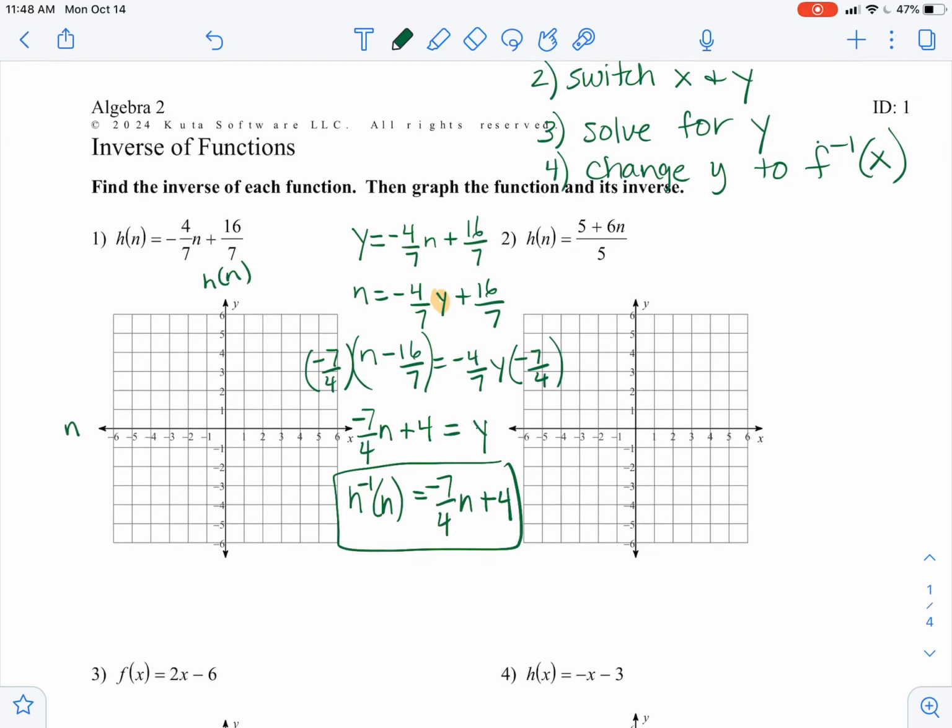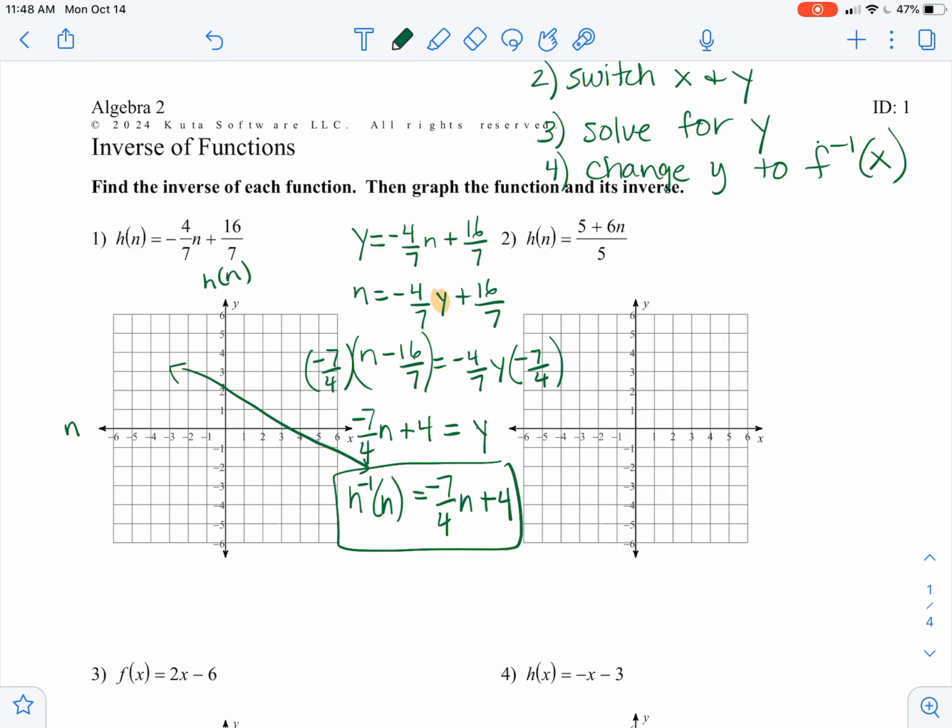So I'm just going to estimate where that's at. And then I have a slope of a negative 4/7. So down 4, 1, 2, 3, 4, and 7. Well, they didn't even give me room to put it on there. Okay, so it's going to look something like that. They did not make our line long enough.